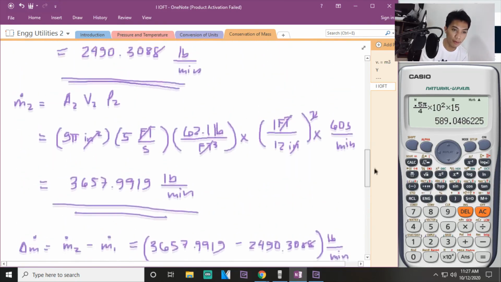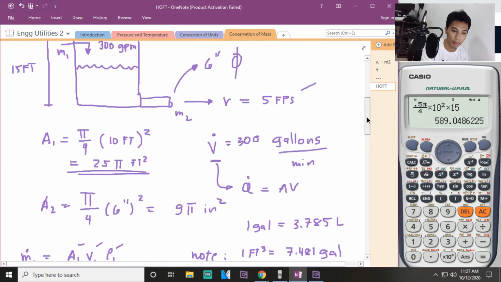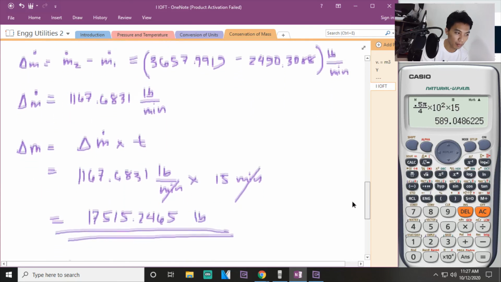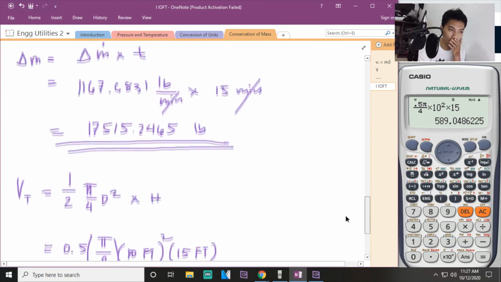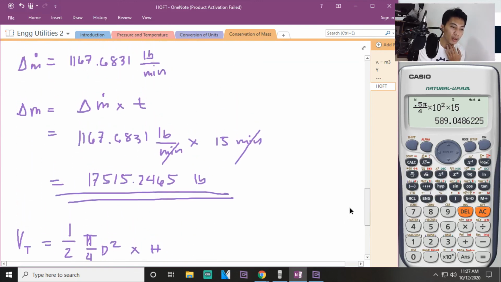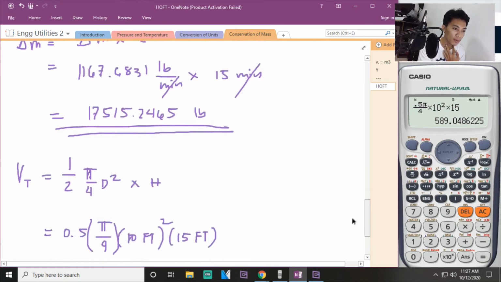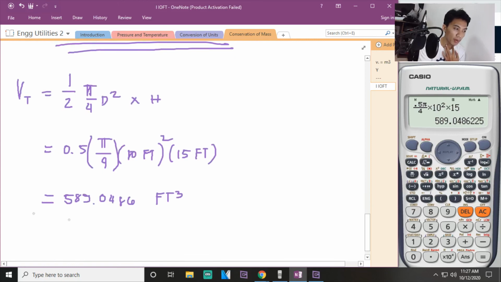So, after 15 minutes pa. So, meron kang total volume, tapos meron kang pound, mass flow, ito na yung volume. Anong hinahanap na lang dyan?